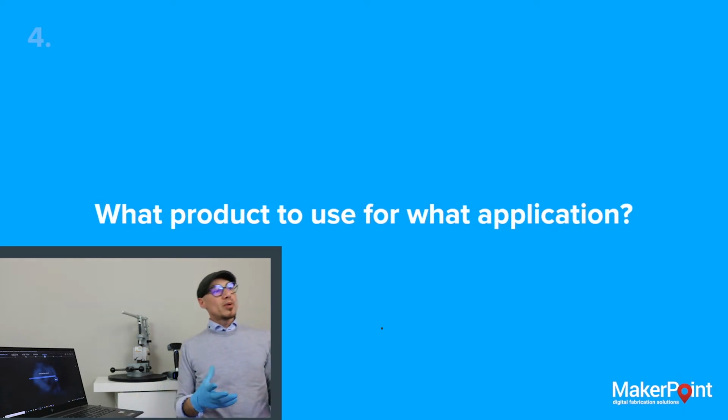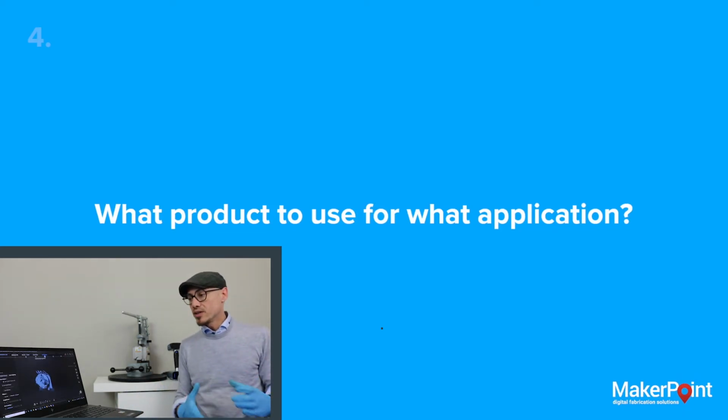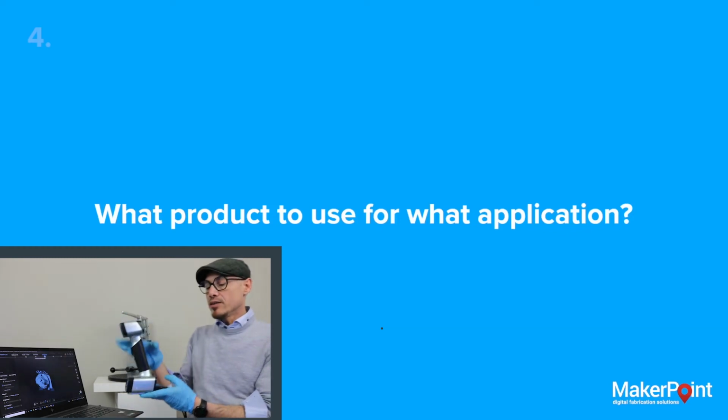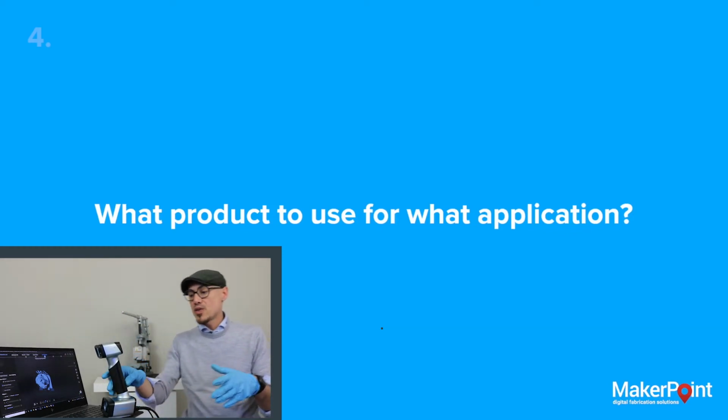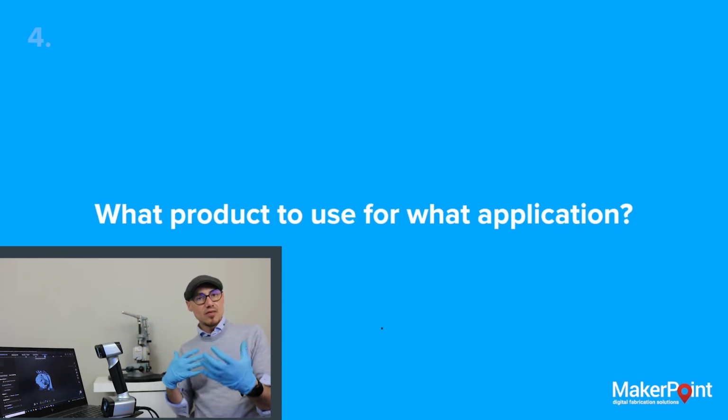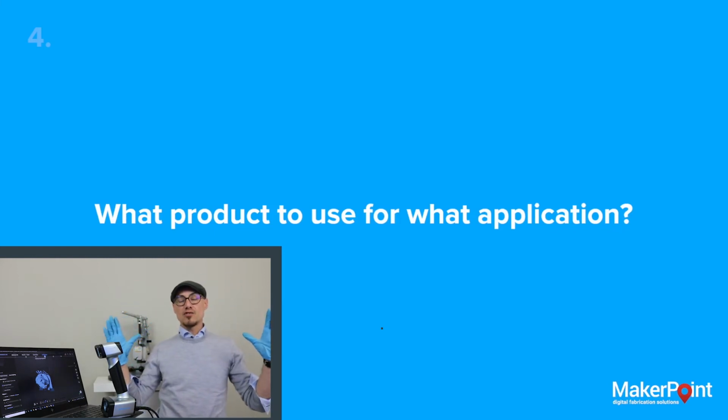So what product to use for what application? Now we have the Shining HX here. This is a scanner with 2 technologies in one product that makes it very versatile, and it has another huge point. It has a very large field of view.